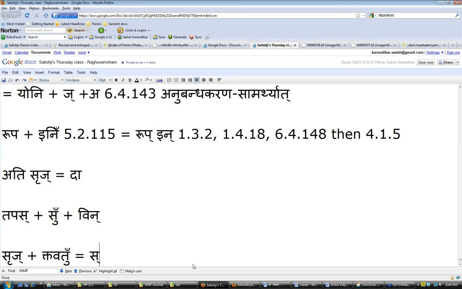So srij becomes, you do then the mUrdhanya 8.2.36, and after that will come stunashtuhu. Skipping some steps here, srishtavat becomes. So what we did was we did 8.2.36 and also used stunashtuhu 8.4.41, and then finally this will decline like bhagavat, becomes srishtavan.